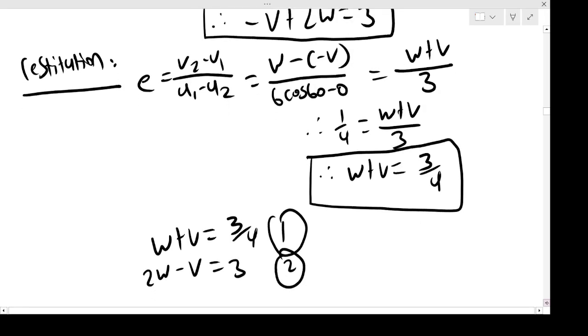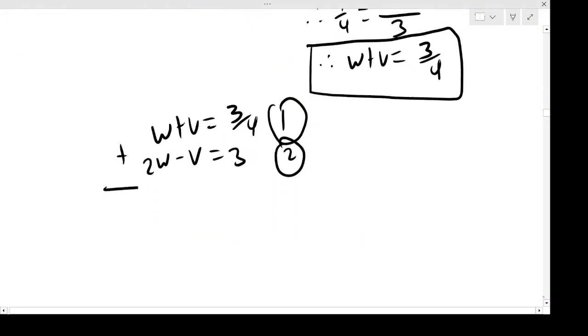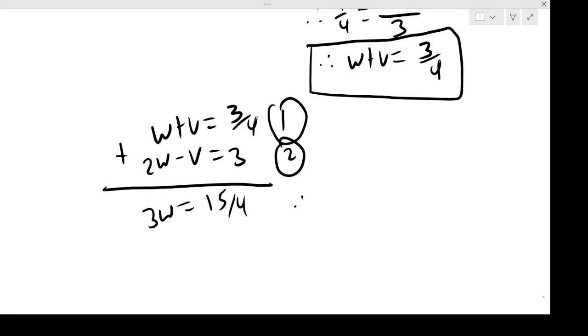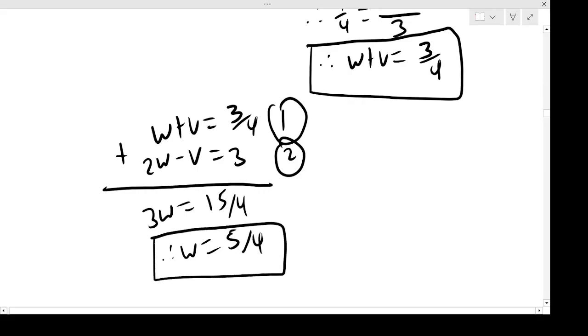So I can add them to get rid of the V. So I'm going to get 3W to be 3/4 add 3, which is 15/4. Therefore, if I divide by 3, I get 5/4. And there we are. That's W.